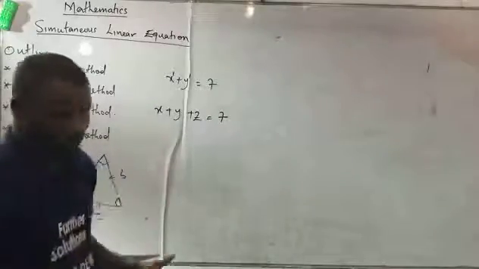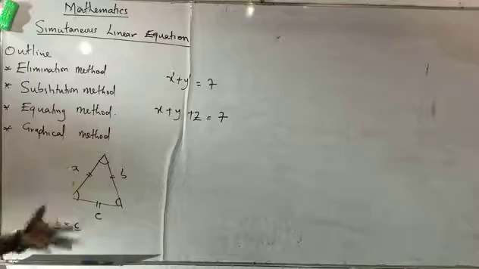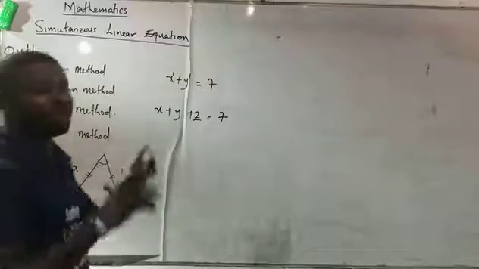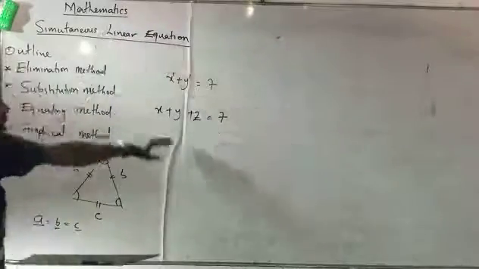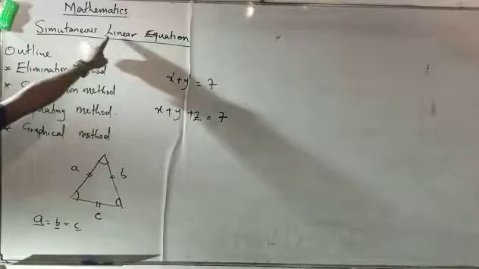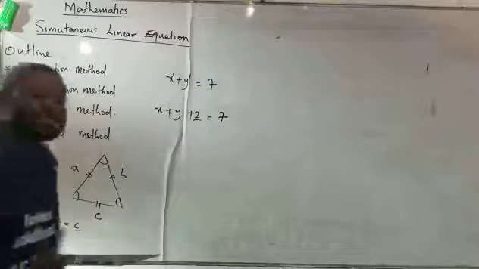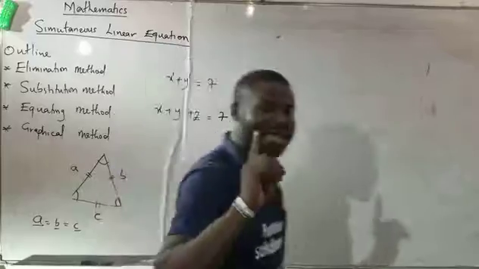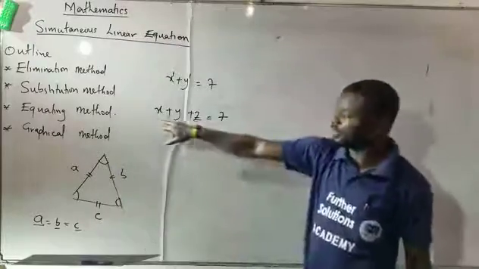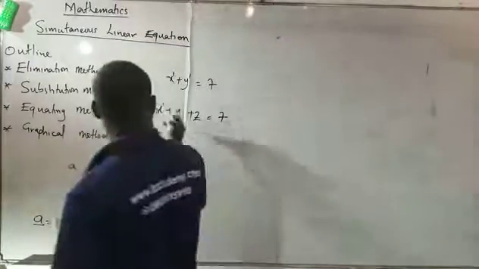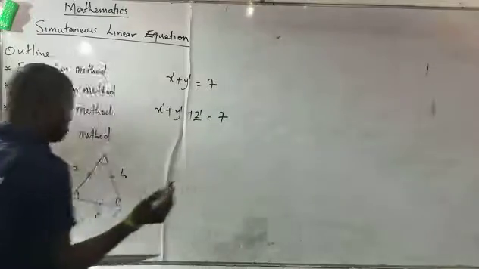If there are 4 unknown variables, there will be 4 simultaneous equations. Note this, all that I wrote on the board are called linear equations. Why? Because the highest degree of a variable given to us is 1.